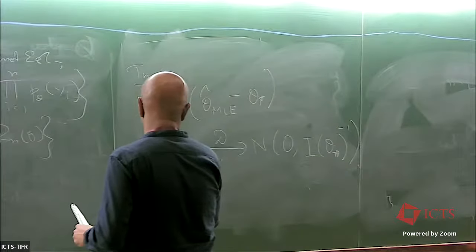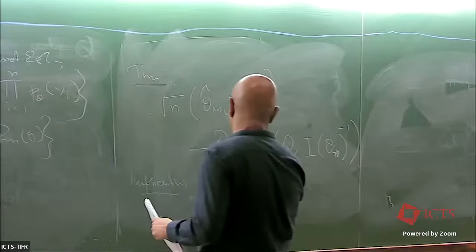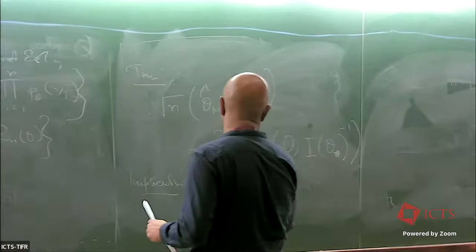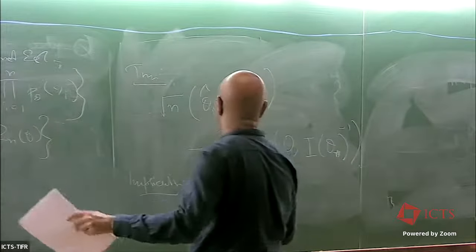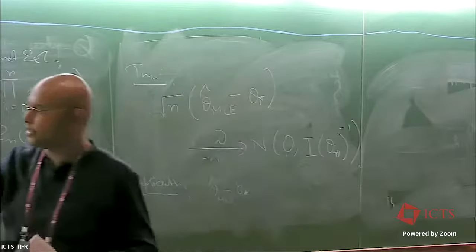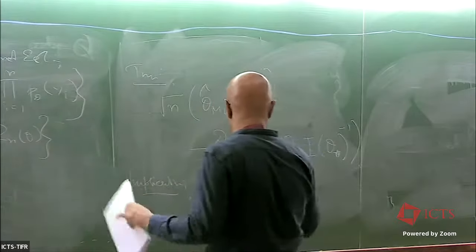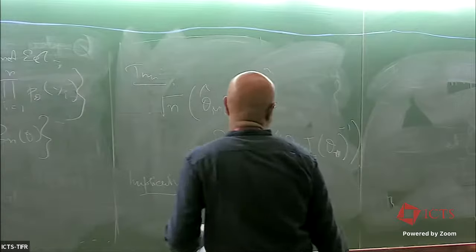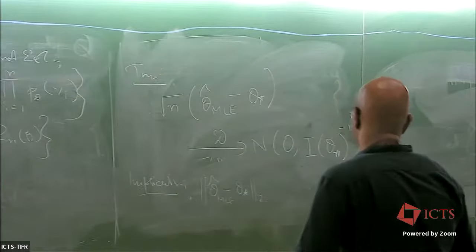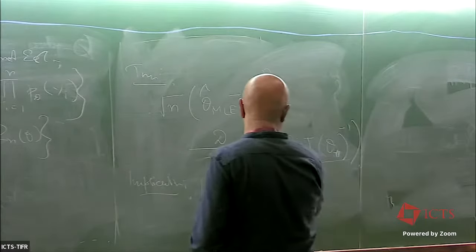Implication. This means that, roughly speaking, theta hat, my MLE, minus theta star, in that metric. Let us not worry about the metric and just take the Euclidean norm. Remember that this is the variance, so this is the square.